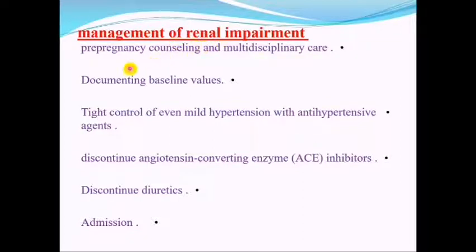At the same time, it is very important to document baseline values, or what is called pre-pregnancy and early pregnancy investigations, in the form of creatinine, uric acid, albumin and protein. This is usually a baseline and also for further assessment of the renal function with advancement of pregnancy.